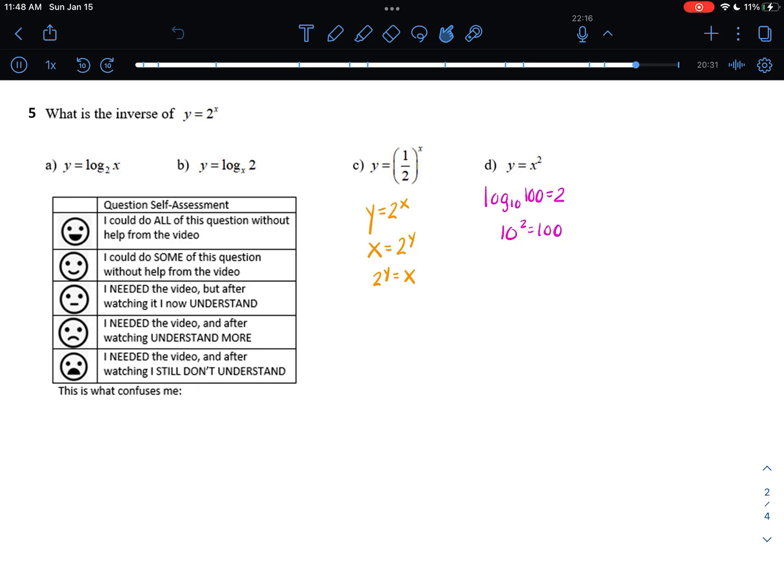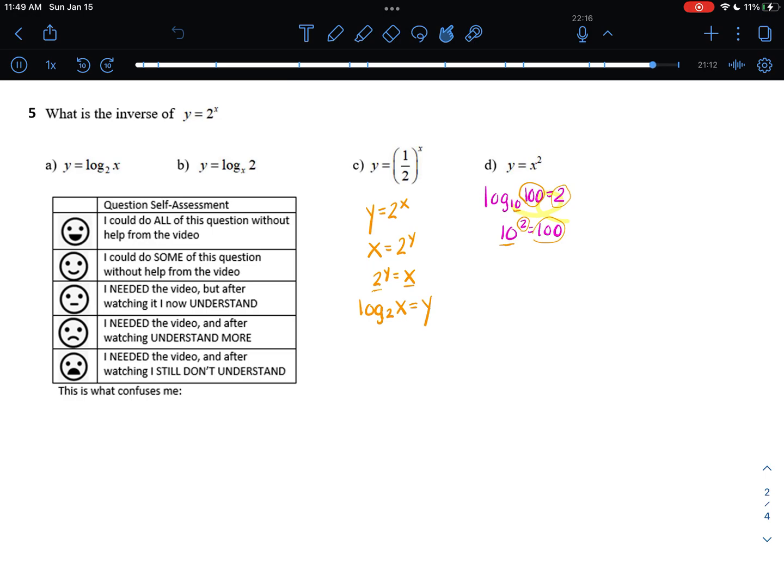So looking at my 2 to the y equals x, I know that that 2 is really representing my base, and I can see that in my 10 squared over here. So I'm going to write log to the base 2 of, and the number that I'm putting next to that is 100, so in other words, that's going to be my x, equals, and then my exponent is always my answer because logarithms are giving me that exponent answer.